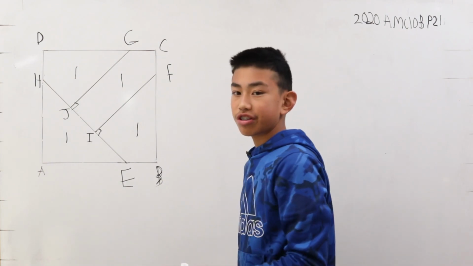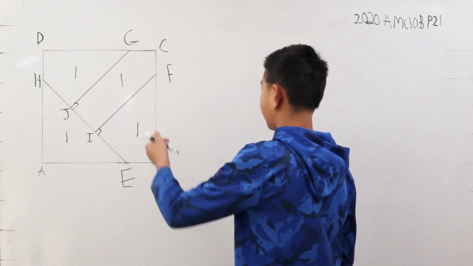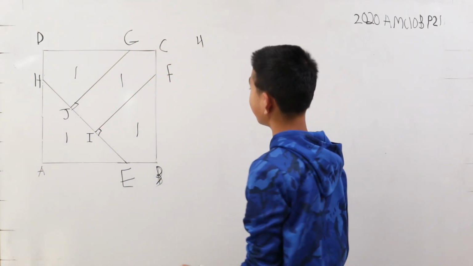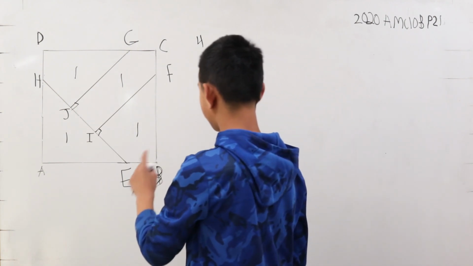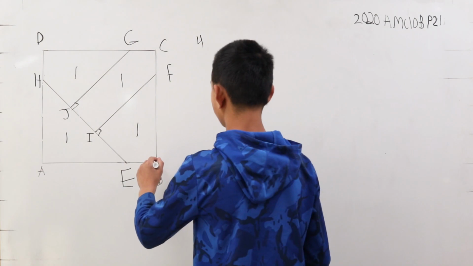So basically, they're saying that each of these individual shapes has area 1, and when you sum up all these areas, you get 4 times 1, or 4. That is the grand total area of this square. Since it's a square, that means the side length is 2.